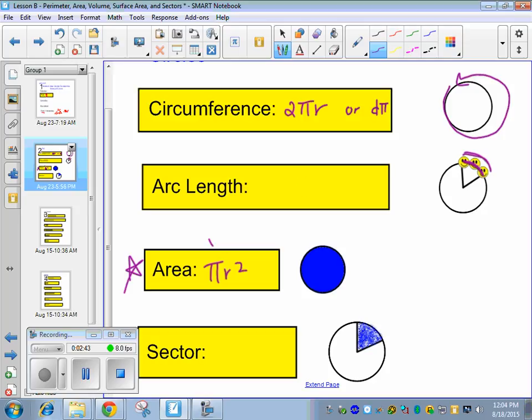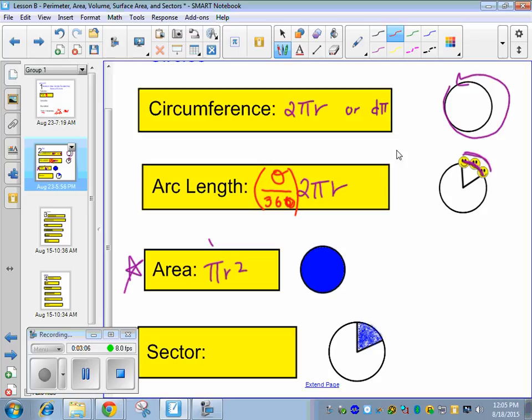So the formula is, first of all, we take the entire perimeter, the entire perimeter all the way around, and then what we want is the fraction of the circle, and I put the fraction in front. So the fraction of the circle is theta over 360. So 360 degrees is all the way around.